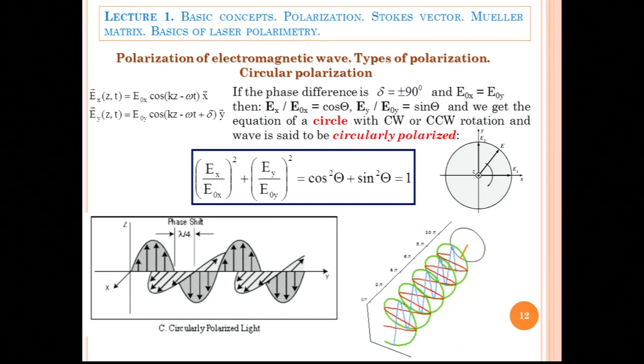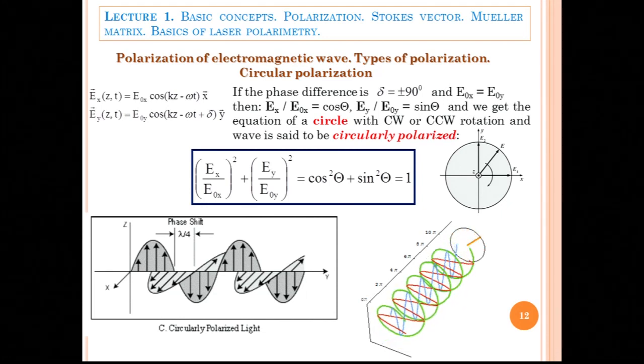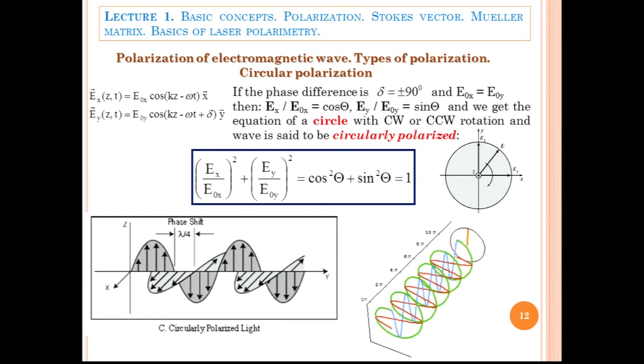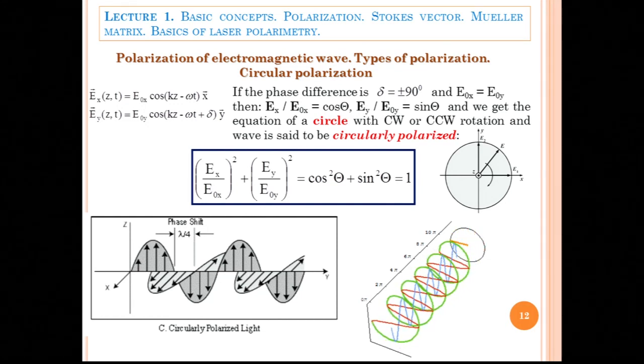This is a procedure of adding these two orthogonal components. And if we look in this direction, we will see a circle. Here you can see the procedure of adding these two components.